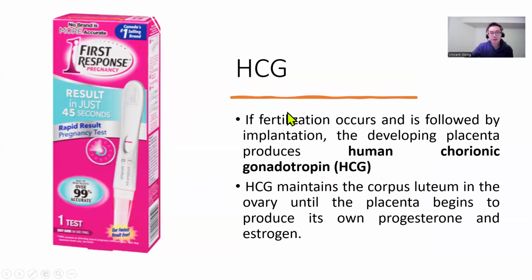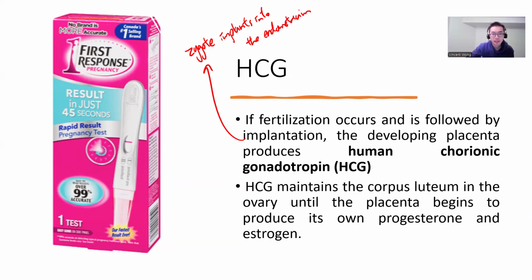If fertilization occurs and it's followed by implantation, implantation is basically the zygote implanting into the endometrium. The zygote is the fertilized egg, right? If this happens, then the first thing that's going to form is the placenta.